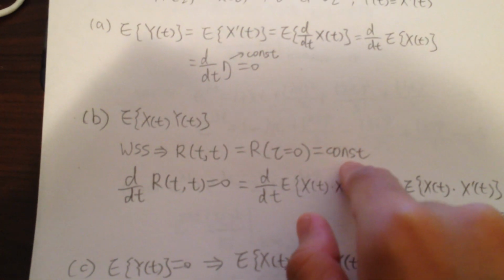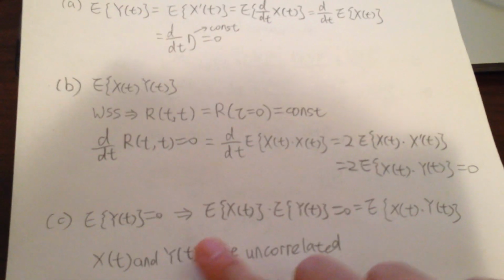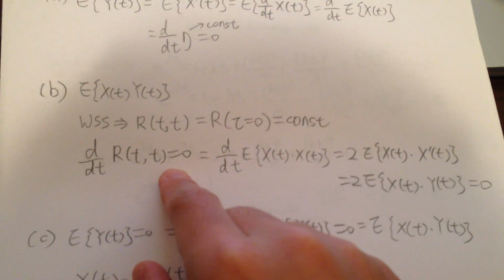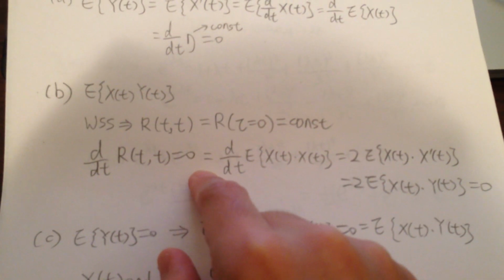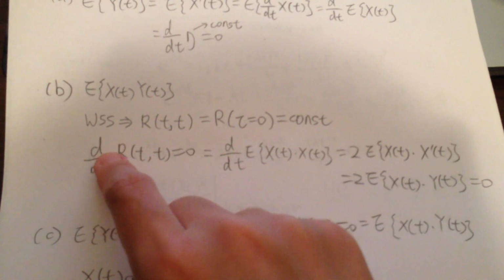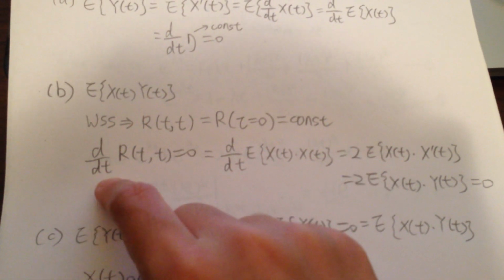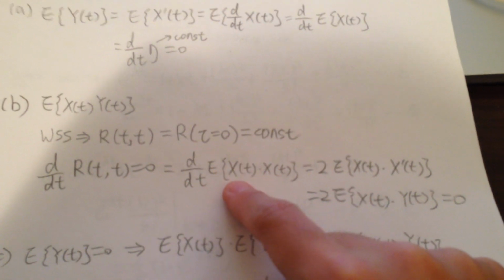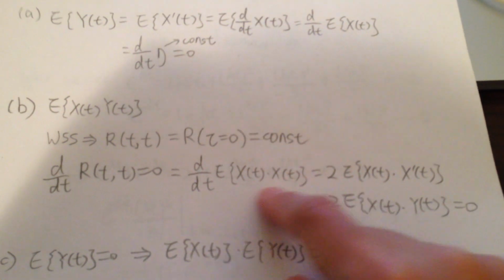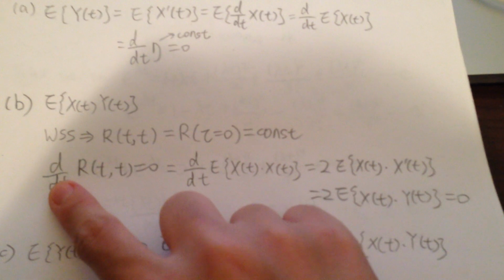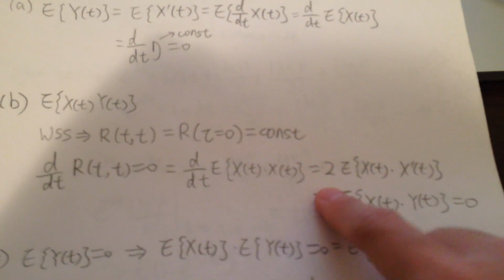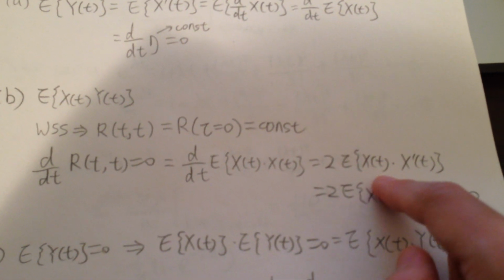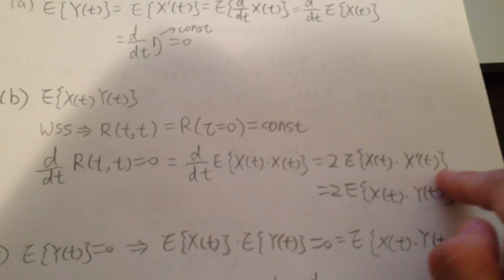That means here is a constant, and so we just take the derivative of R(t, t), which equals 0, and we already know that d/dt R(t, t) also equals d/dt of the expectation of x of t times x of t. This is according to the autocorrelation definition. Then we can get that this formula equals 2 times the expectation of x of t times x prime of t.